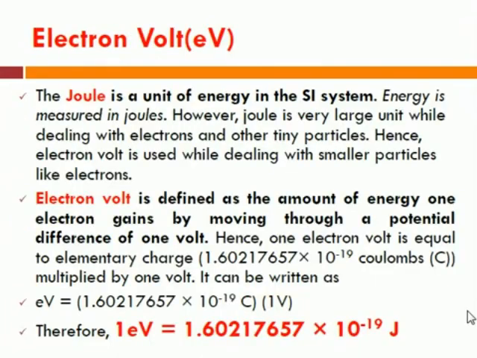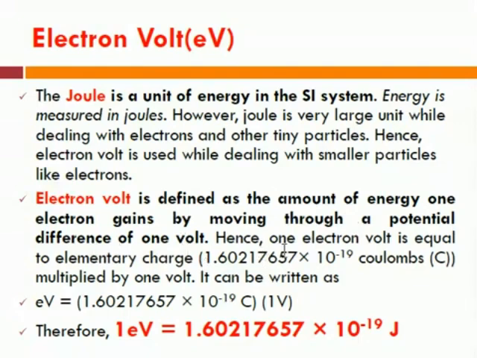The joule is a unit of energy in the SI system. Energy is measured in joules. However, joule is a very large unit while dealing with electrons and other tiny particles. Hence, electron volt is used while dealing with smaller particles like electrons. Electron volt is defined as the amount of energy one electron gains by moving through a potential difference of 1 volt.